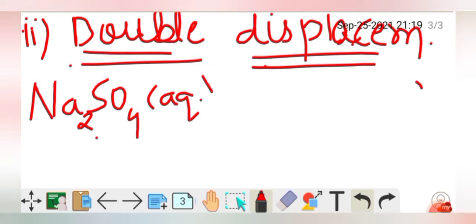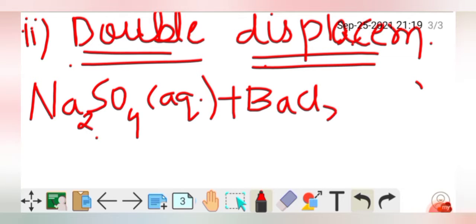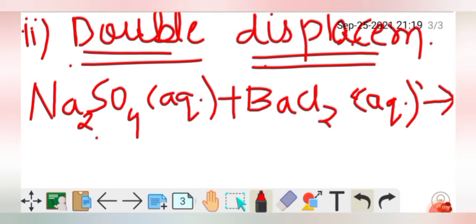Okay, in aqueous form, when it reacts with barium chloride, that is BaCl2, which is also in aqueous form, then it forms barium sulfate. We'll go slowly with the reaction, because if I go fast you will not understand.